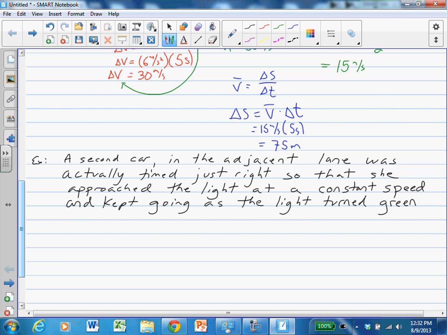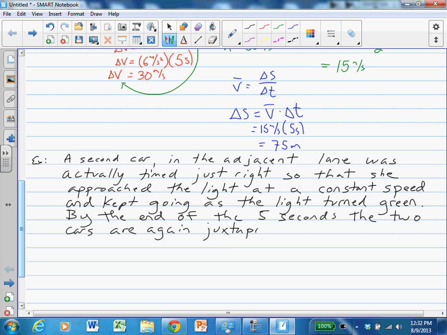By the end of the 5 seconds, the two cars are again juxtaposed right next to each other. What is the speed of this second car?